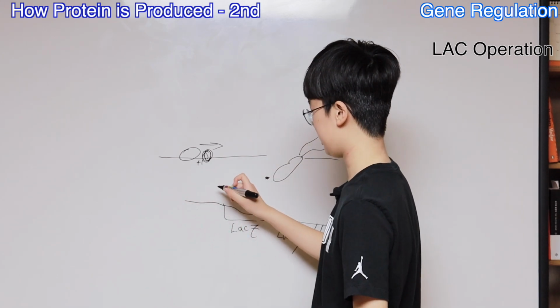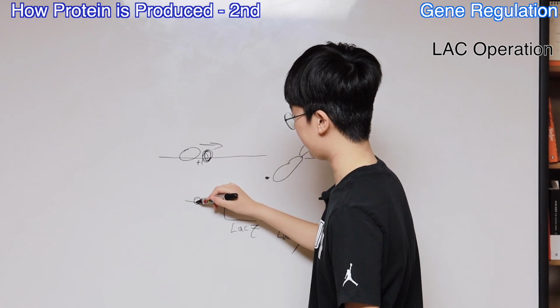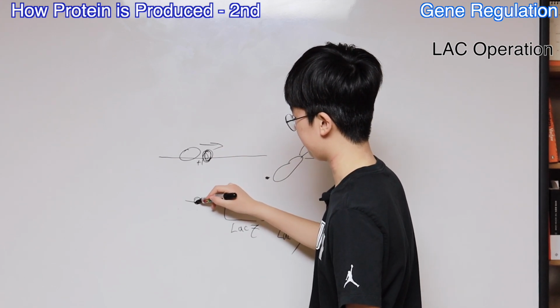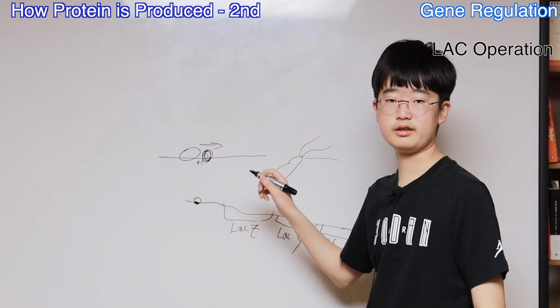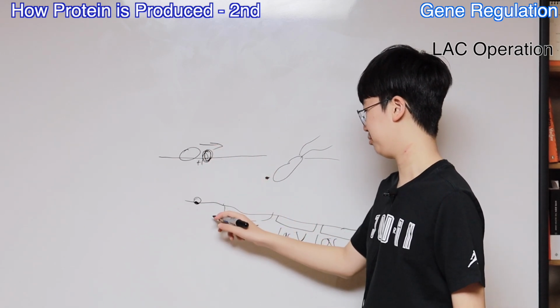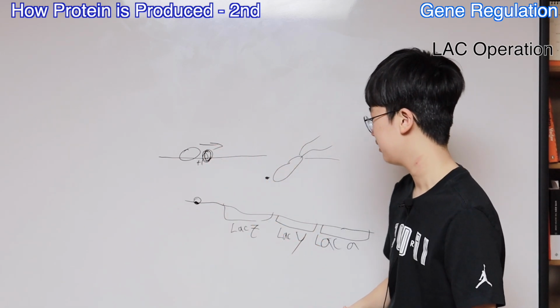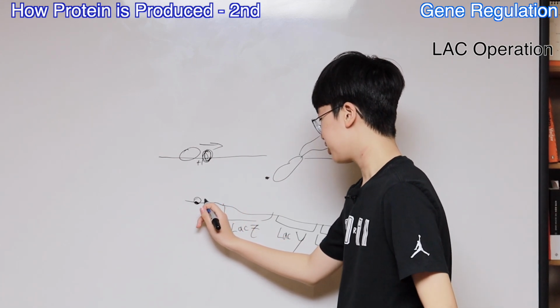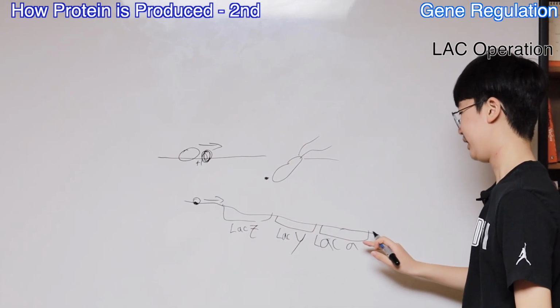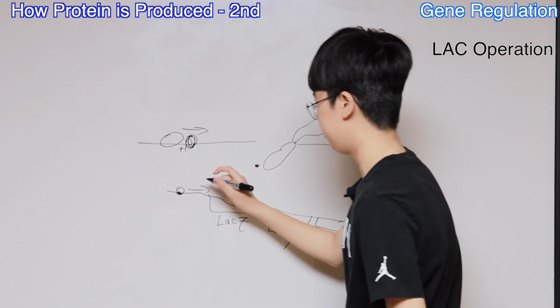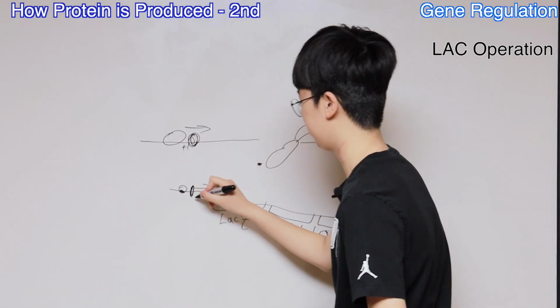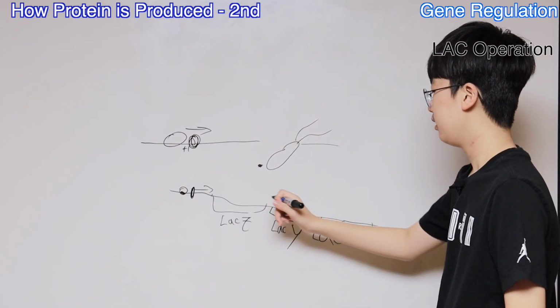And let's say here is the polymerase, and there's the sigma factor here binding the polymerase to the right spot. But it wants to go and make the RNA for all of these, but there is a protein blocking it.